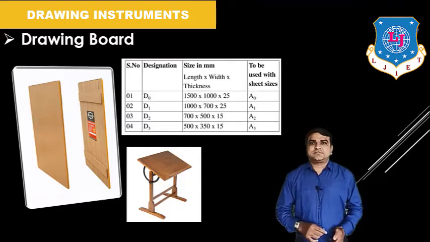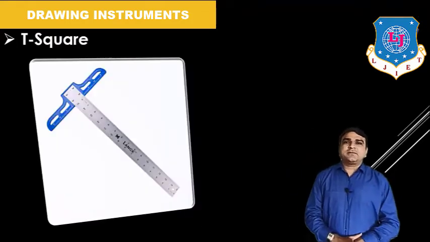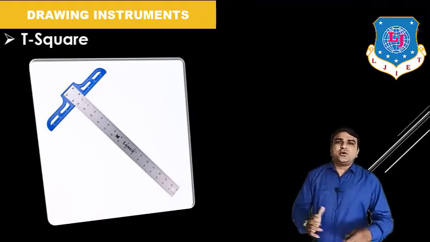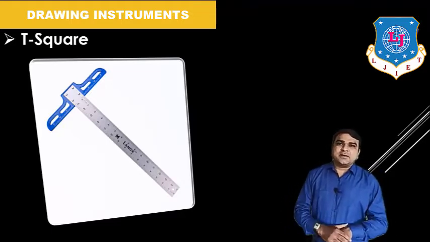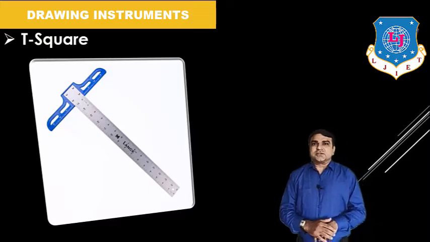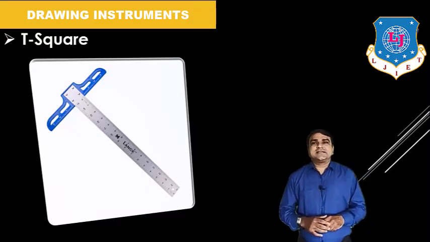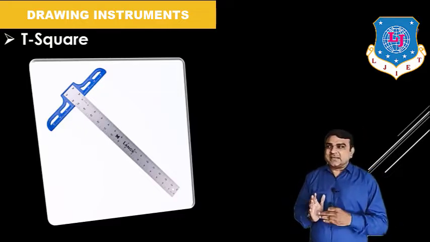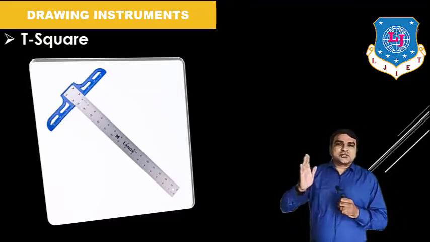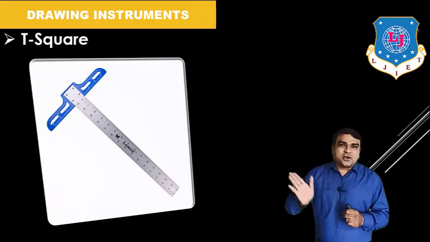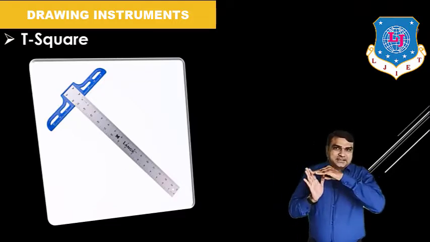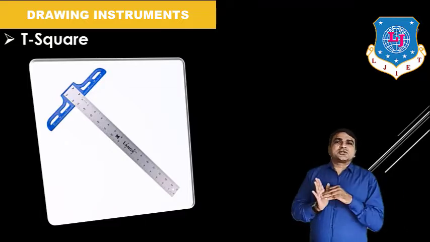Now T-square. T-square is available in wood and also in plastic. T-square consists of two components: one is the stock and the other is the blade. The stock moves on the working edge of the drawing board, and the blade is perpendicular to the stock.